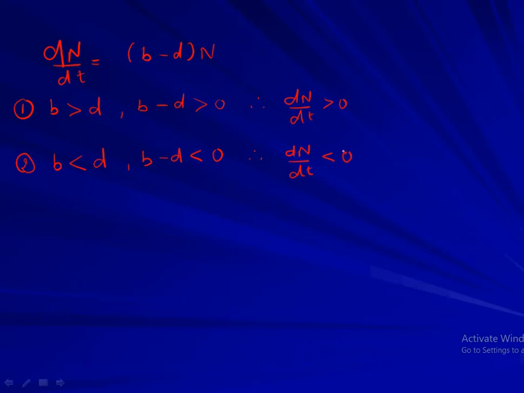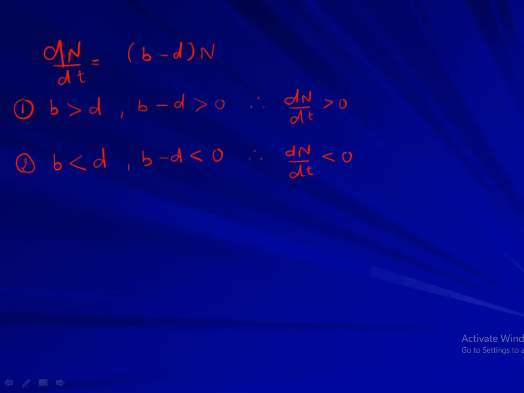So the population is decreasing with time, so it leads to extinction. Say, for example, tigers are becoming extinct nowadays. It is because the birth rate of tigers is less than the death rate. Death in tigers is occurring more than birth, right?